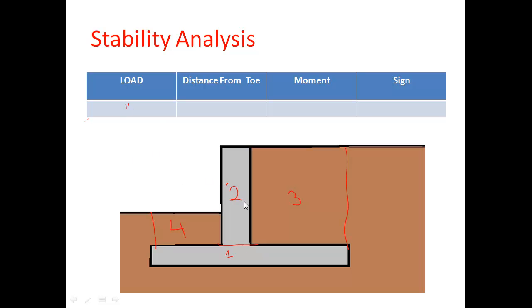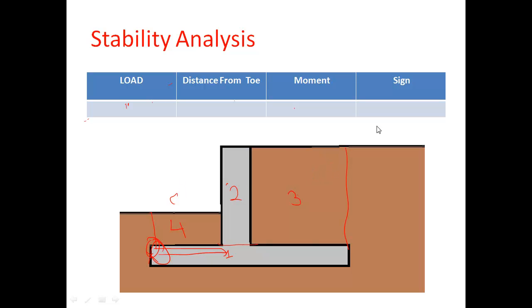And for these different members, we can find out the load. As you know, from its density and its dimension, we can find out its load, and how much distance its centroid is from the toe. This is the toe. From the toe, we take the distance of the centroid, and the multiplication of the distance with load will be the moment.